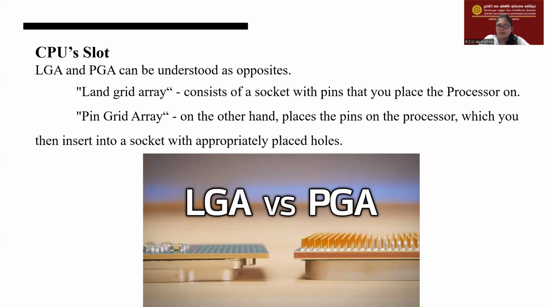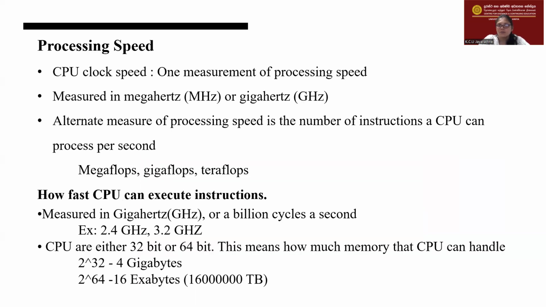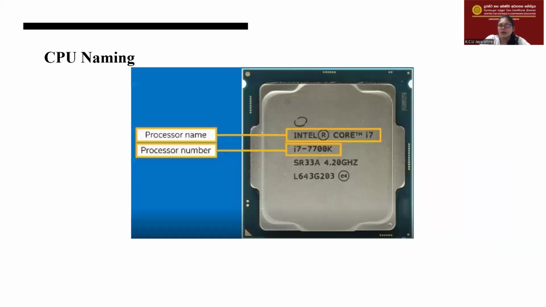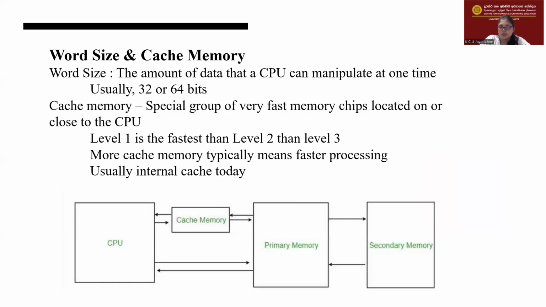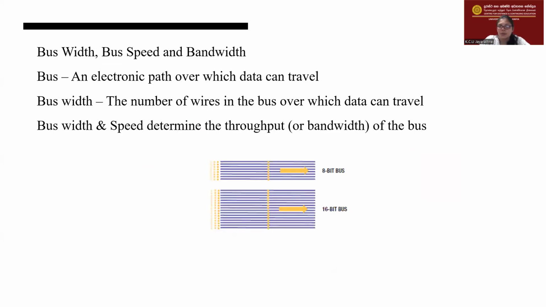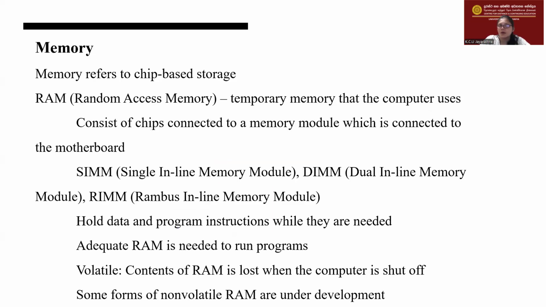And what is processing speed? What are 32 bits and 64 bits, what is word size, cache memory, bus speed, and also memory?